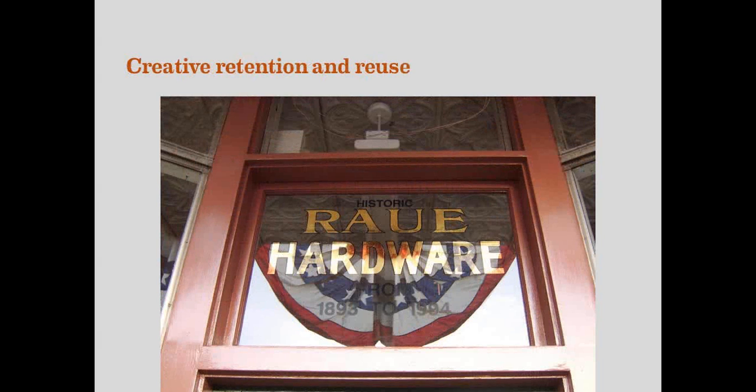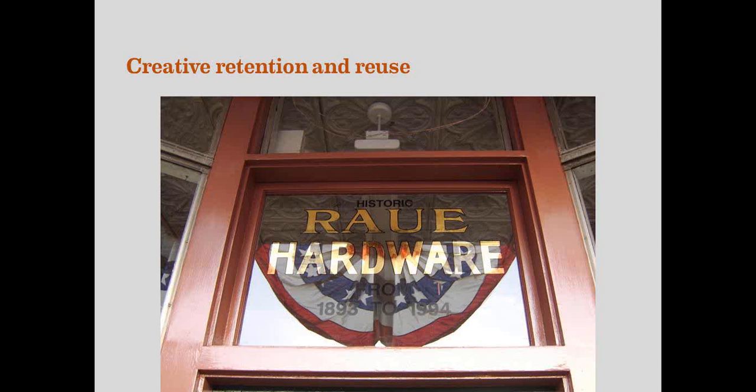On the flip side, sometimes saving these signs is possible. So this is the Rao Hardware from Crystal Lake, Illinois, and the gold leaf lettering is the historic sign, and then above and below it lettering was added, so now it reads Historic Rao Hardware from 1893 to 1994.